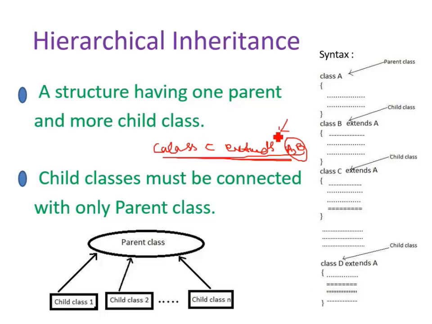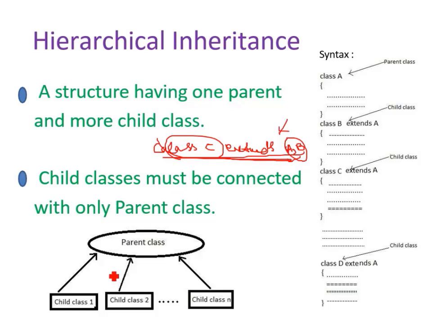In object-oriented languages like C++, we can extend one class from multiple classes. If you remember, then we have the diamond problem. The diamond problem is that multiple children are inherited from the same class.